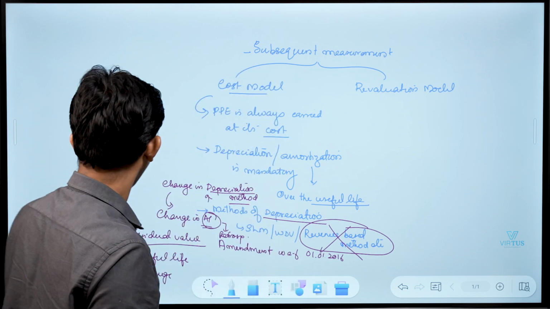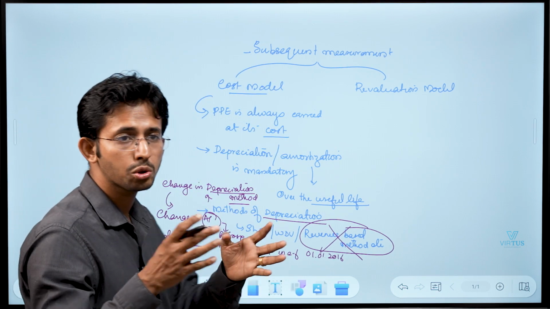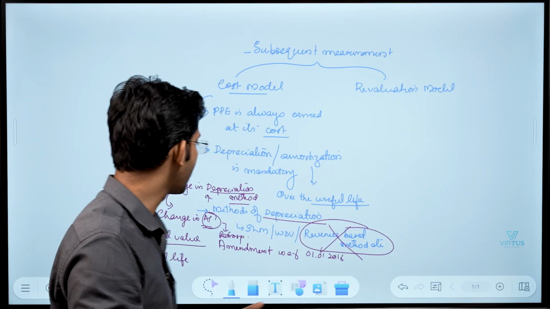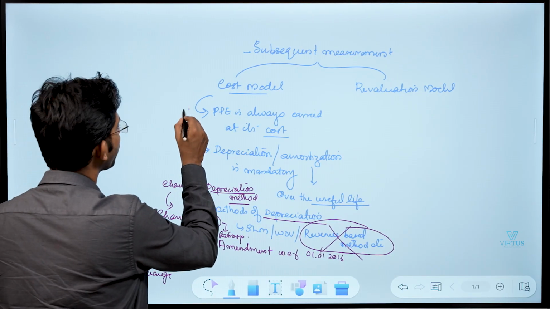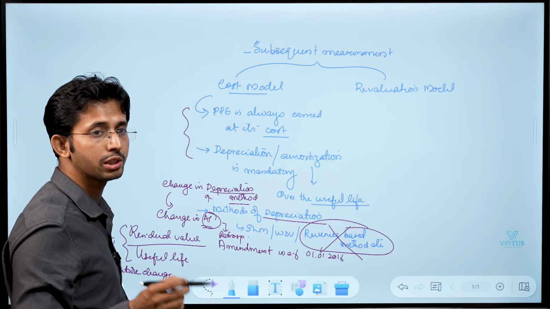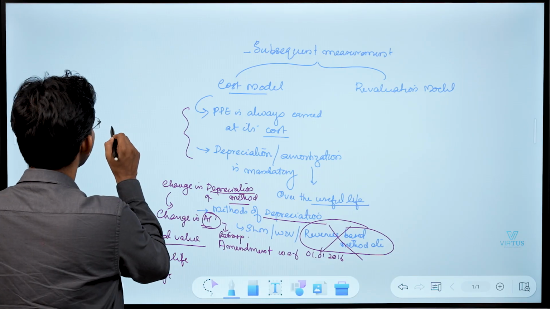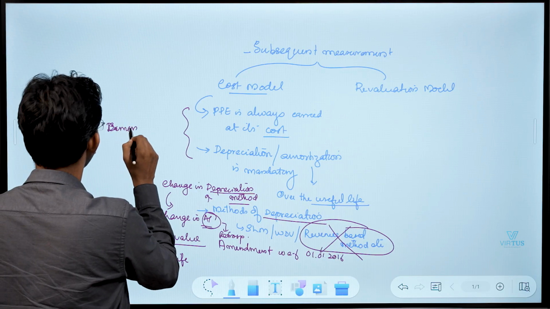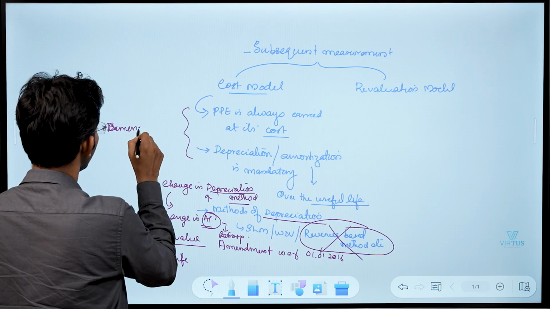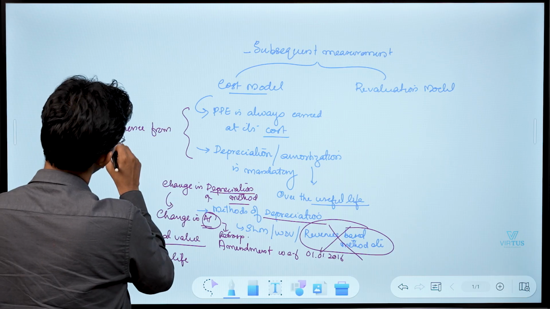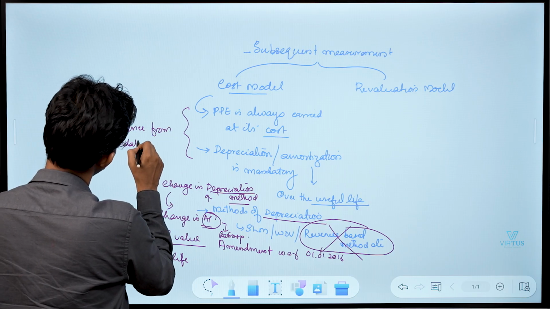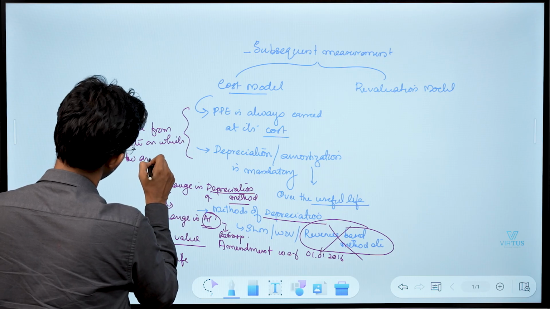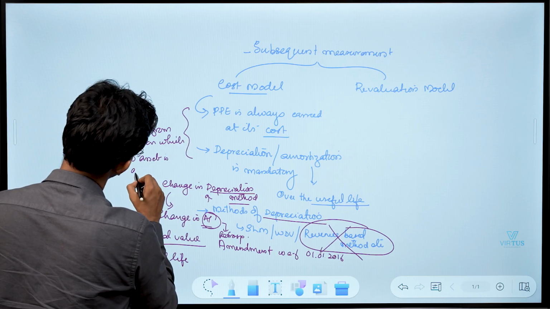We know that depreciation has to be charged to the statement of profit or loss. The depreciation should commence not from the date on which the asset is actually used. Depreciation should commence from the date on which the asset is available for use.